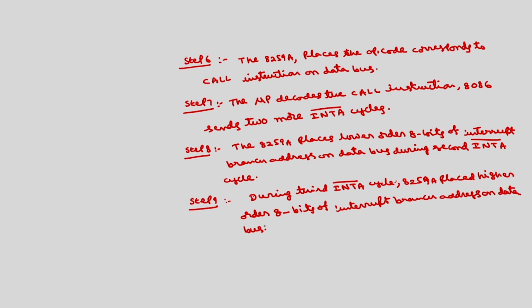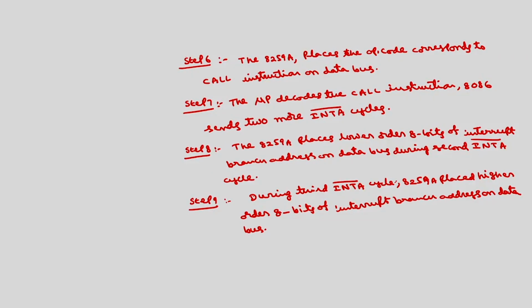So, once the address is known, the microprocessor control will transfer to that particular address, the interrupt branch address, meaning the interrupt service subroutine, after completing the execution of the current instruction.